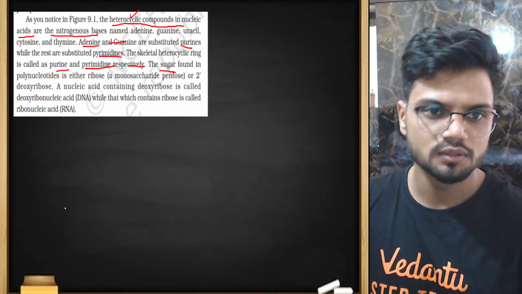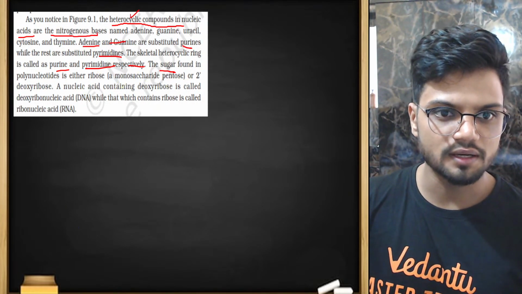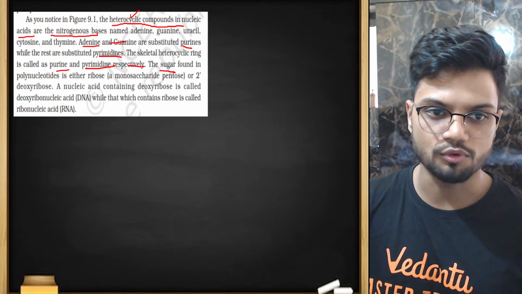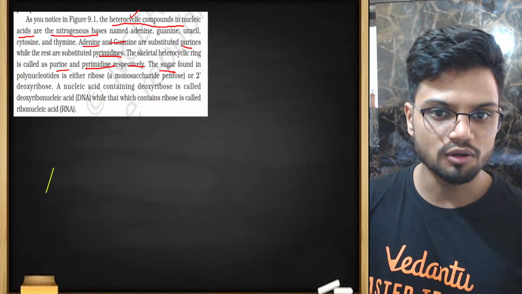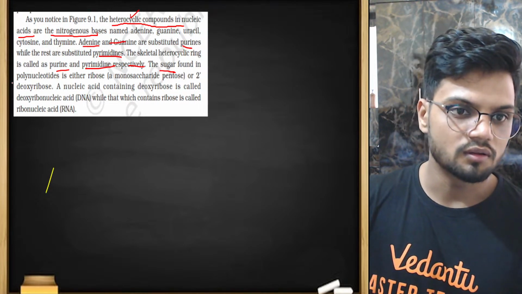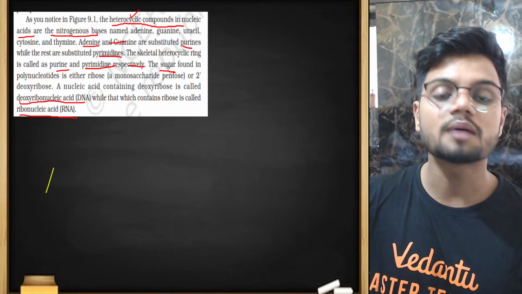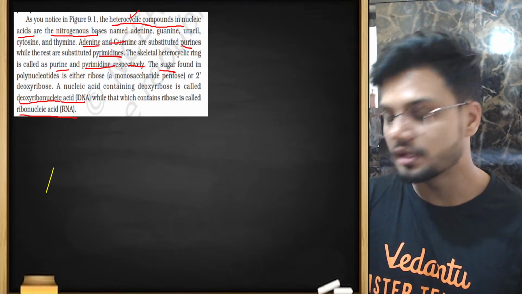Now let's see what is given here. The sugar is a monosaccharide, either ribose or deoxyribose. The nucleic acid containing deoxyribose is called DNA. DNA has the deoxyribose sugar, and RNA has the ribose sugar.